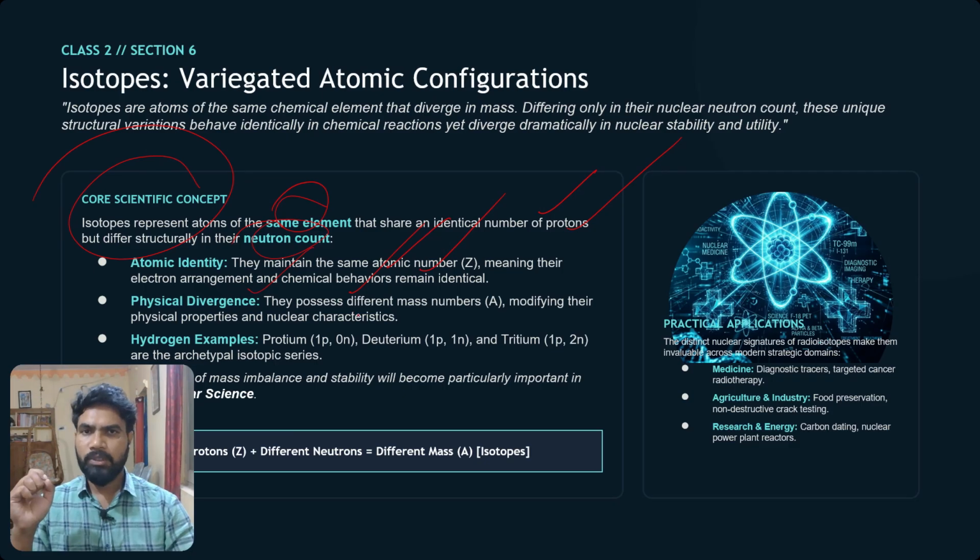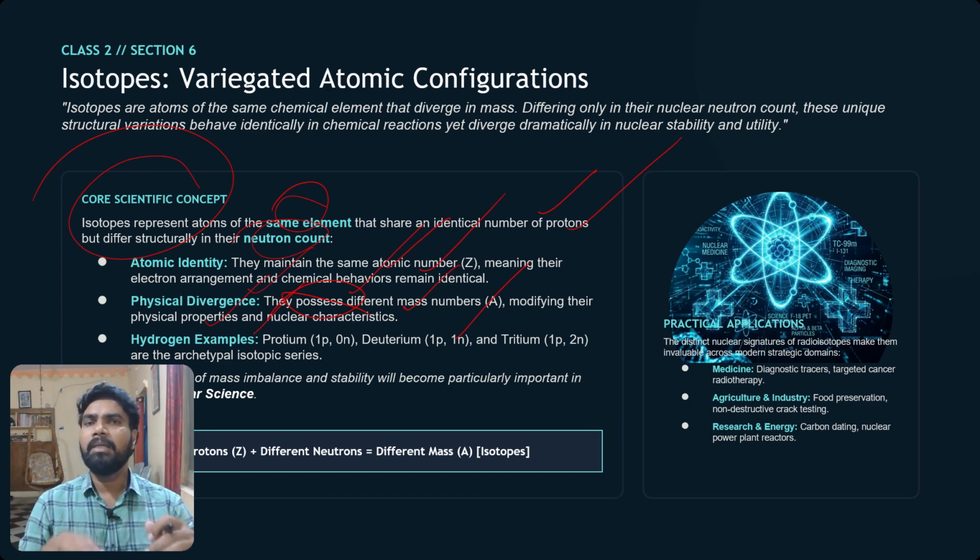They possess different mass numbers, modifying their physical properties and nuclear characteristics. Because of the difference in number of neutrons, they start exhibiting different physical behavior. In chemical behavior no change is there, but in physical behavior there is a change.